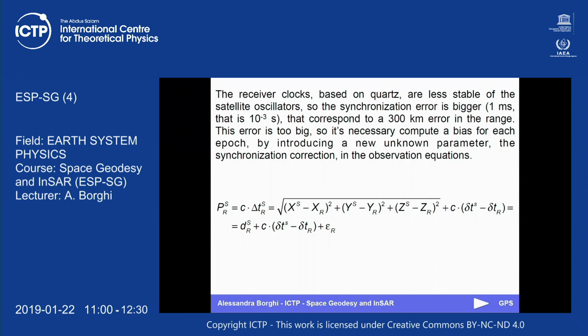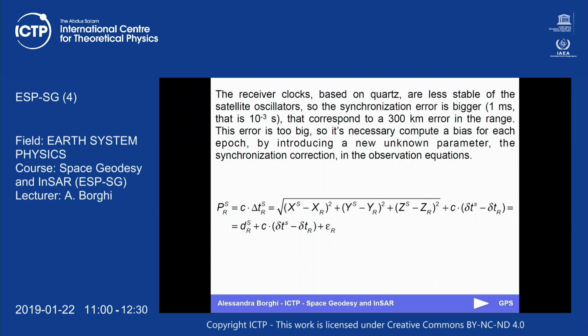So we have seen that in the equation of the distance, our measure of the coordinates, we have 3 parameters, so we need 3 equations. To solve this problem, we have to introduce another parameter, the clock error.